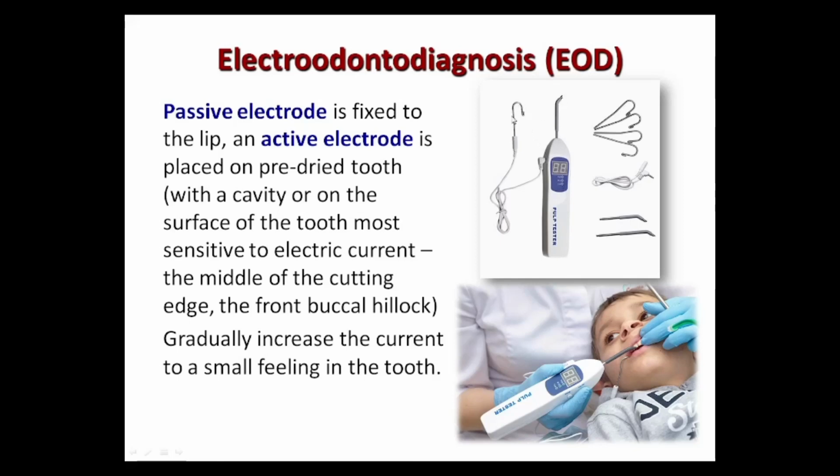This is like a hook, passive electrode, which is fixed to the lips, and another one, this is an active electrode, is placed on pre-dried tooth, like this. This is passive hook on lips, and this is active on tooth.